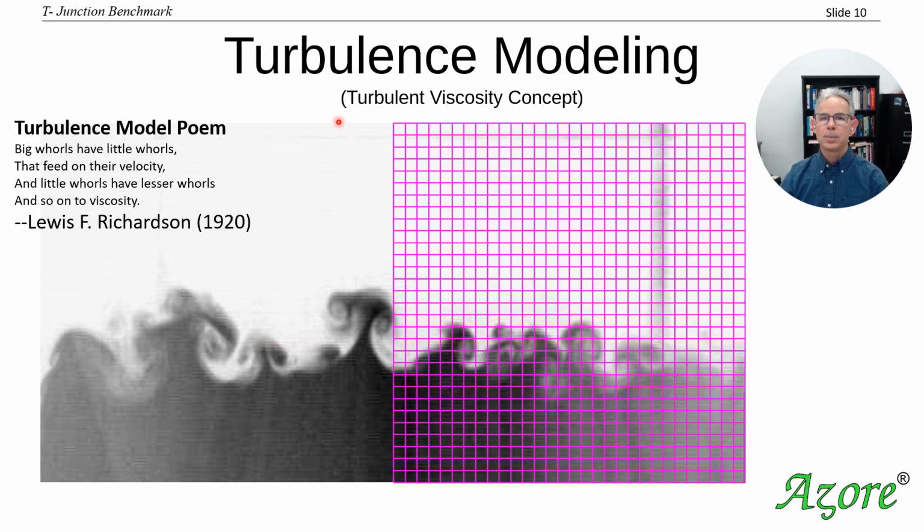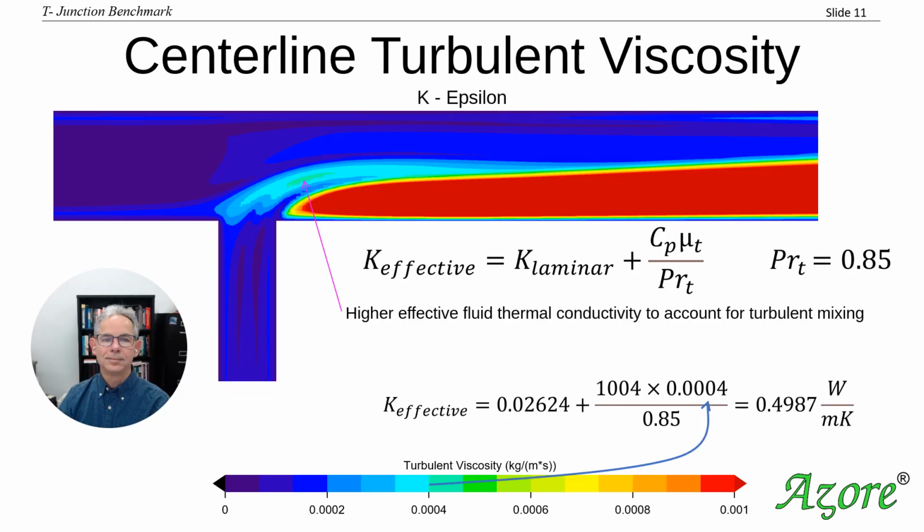That's the purpose, and we're going to look a little more closely at the turbulent viscosity. I have a number of other videos, linked in the description for this video, if you're interested in the actual math, but we're just going to talk in general terms about this turbulent viscosity concept.